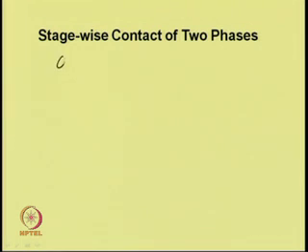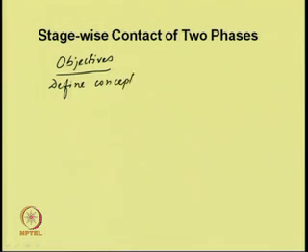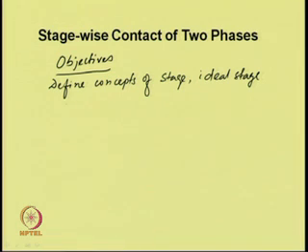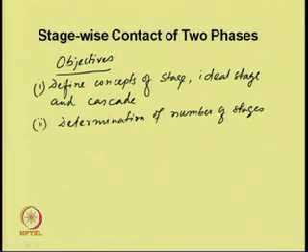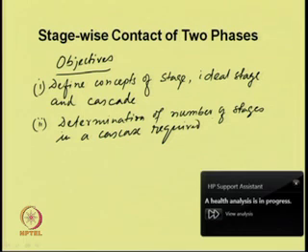So, here our objectives are, first, to define the concepts of stage, ideal stage, and cascade, and secondly, determination of the number of stages in a cascade required for a given separation.